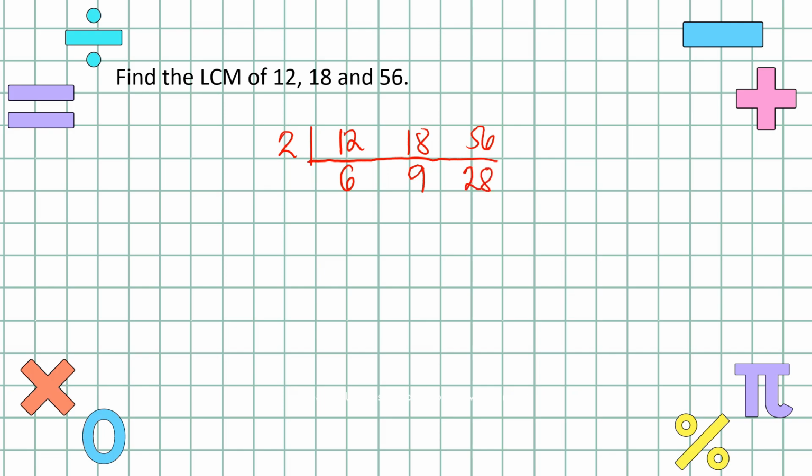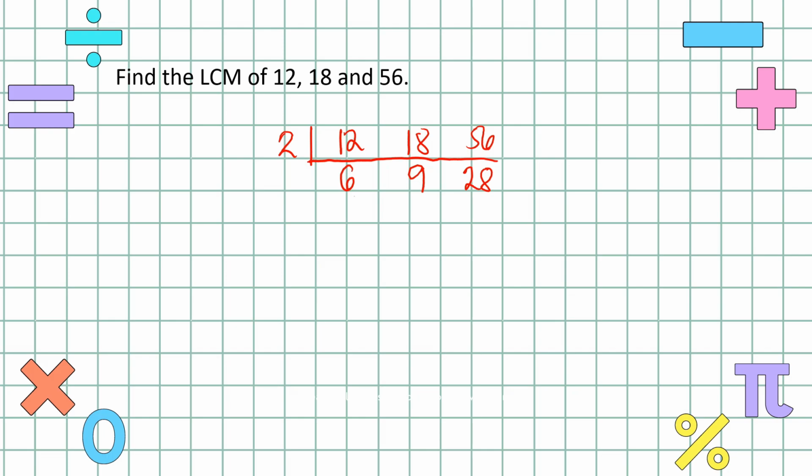Now, shall we stop here since there's no prime factor common to all three numbers? The answer is no, we will not, because there are still two numbers with a common prime factor.